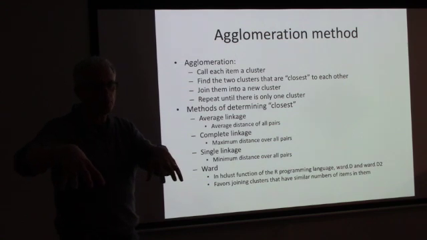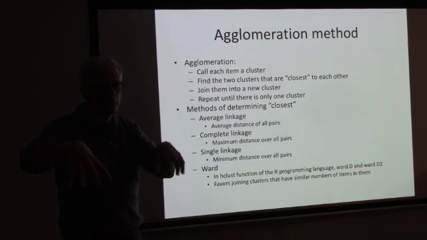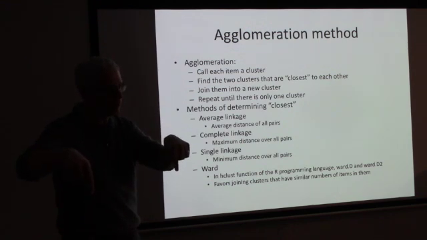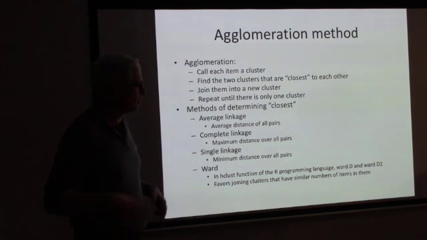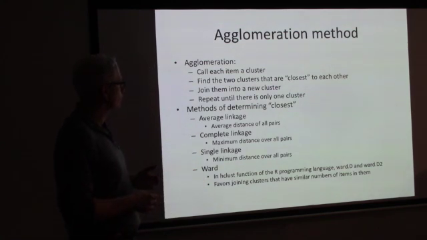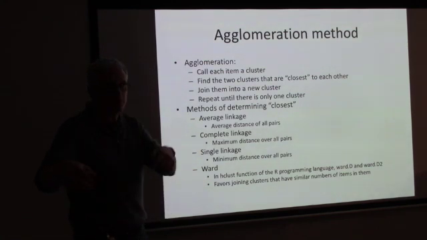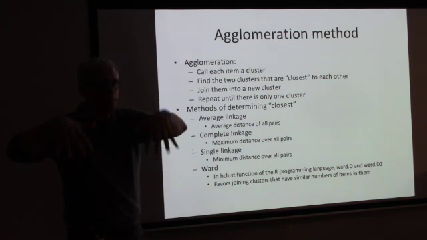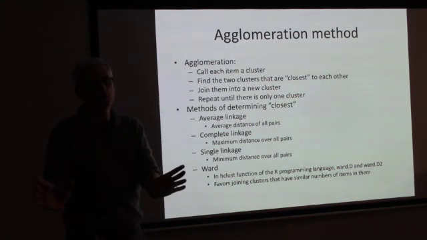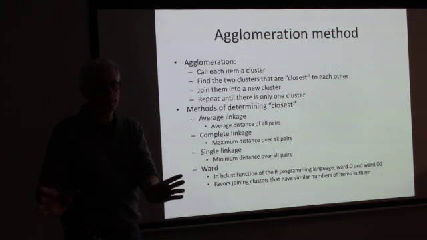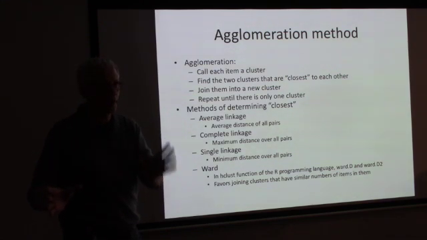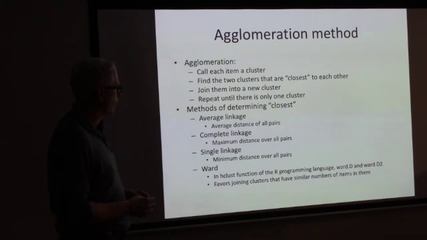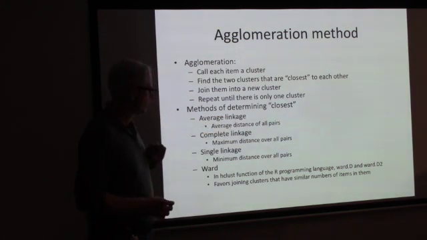One thing you can do is consider all the pairs of samples, one from this cluster and one from another. You can imagine there are many. And one thing you can say is, well, what's the average distance for all these pairs? And that's what I'm going to call the distance between that cluster and that cluster, or the similarity of that cluster and that cluster. That's called average linkage.